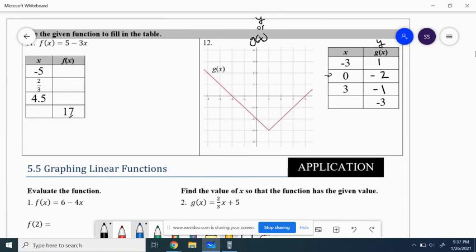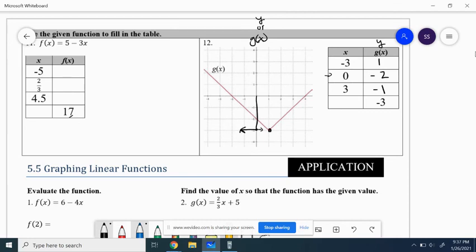Okay. Now this is the opposite. Now we're looking for the x value. So now instead of looking on the x-axis, we're going to start on the g of x or the y. If I go all the way down to -3, now I'm not looking up or down, I'm looking left or right for the function.